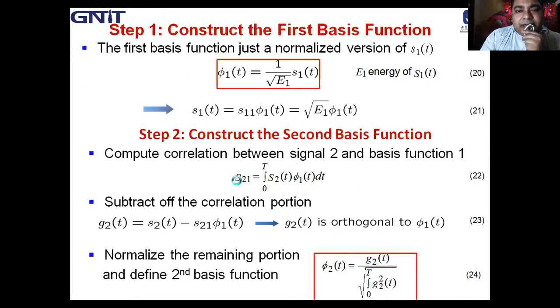This can be evaluated using s21 equal to the integral from 0 to T of s2(t) phi 1(t) dt. Now we can say that there is an intermediate function, say g2(t), which is s2(t) minus s21 phi 1(t), and g2(t) is orthogonal to phi 1(t).